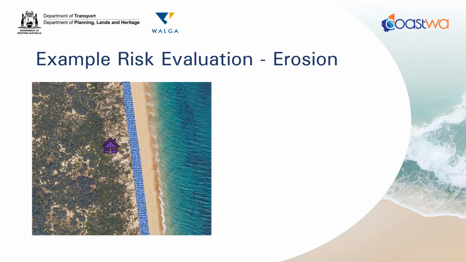If we had another example where we built a seawall in front of the house, well, then the coastal erosion hazard lines may look something like that. So you can see present day, the 25-year and the 50-year.